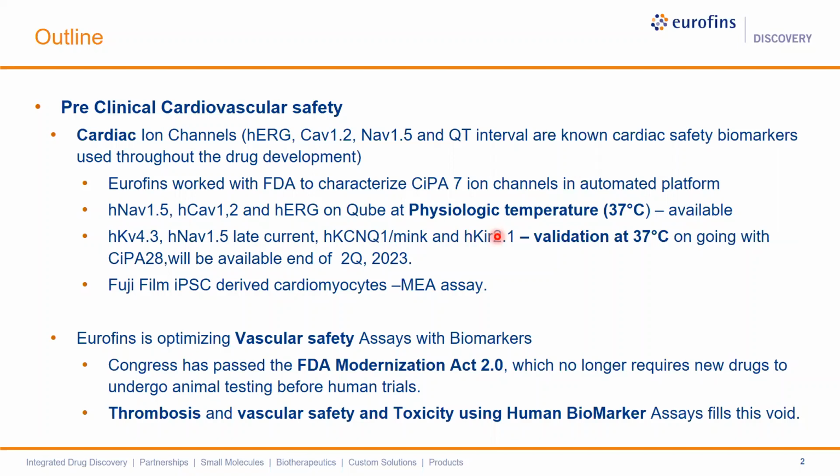Because when you do the non-clinical assay, till 4 or 5 years back, they used to do it at room temperature, unless it is in GLP, then they do it at physiologic temperature. Now, FDA is emphasizing, even at a high throughput format, it's better to do at physiologic temperature.